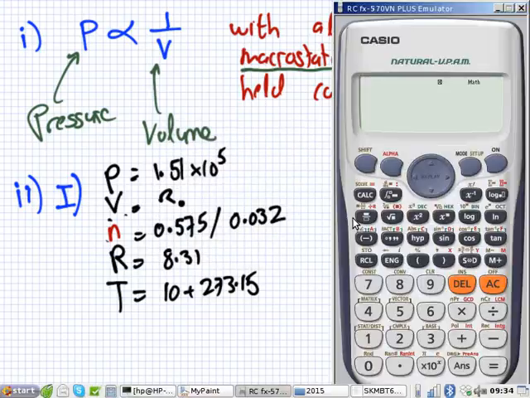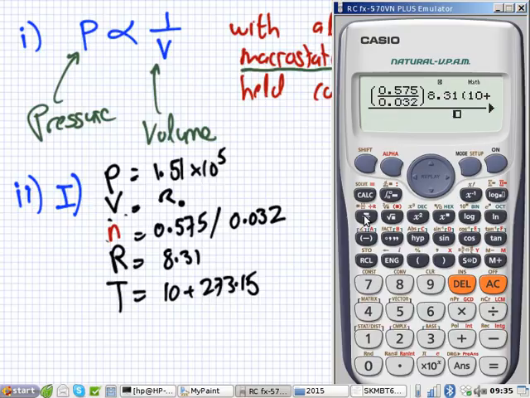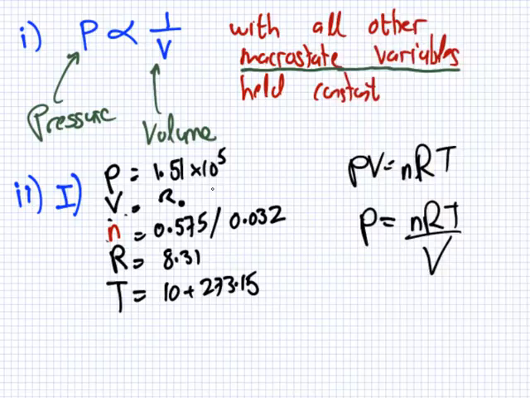Okay, a fraction, nRT, oh my goodness, sorry, nRT, over V. Syntax error. 0.28 meters cubed is the answer.